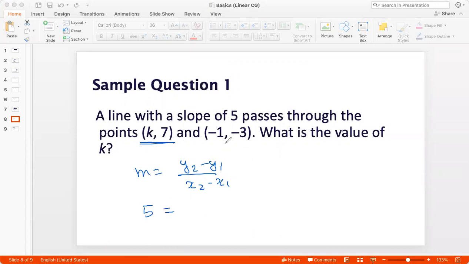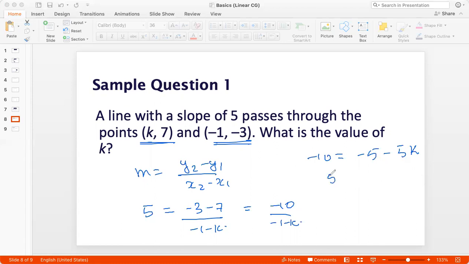Let's say this is x1, y1, and this is x2, y2. So -3 minus 7 divided by -1 minus k, which is -10 by -1 minus k. When we cross multiply, -10 is -5 minus 5k. So 5k is 5, so k is 1. The value of k is 1.